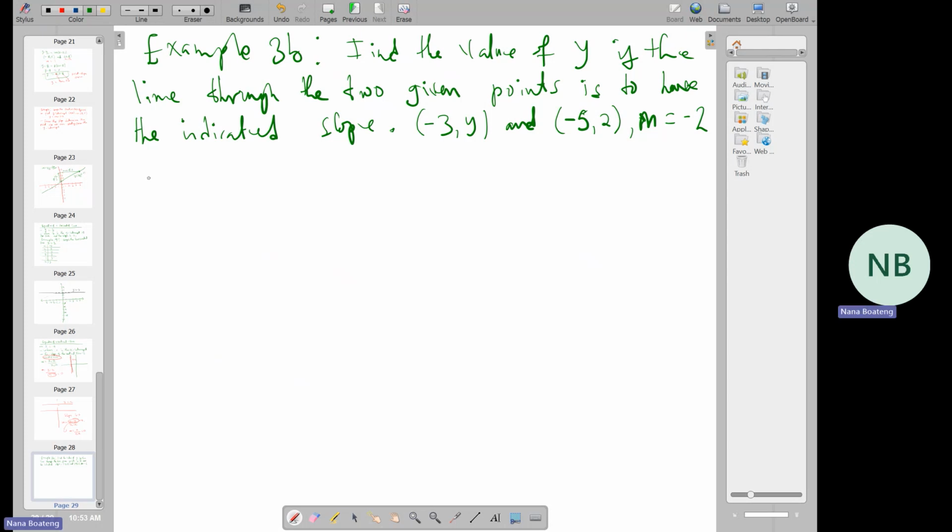So we have negative 2 times negative 2, which is 4. What we have is 4 is equal to 2 minus y. And so if we subtract 2 on both sides, then we have negative y is equal to 4 minus 2, which equals 2. And now we divide both sides by negative 1. And so we have y is equal to negative 2. So this is how we get y is equal to negative 2.